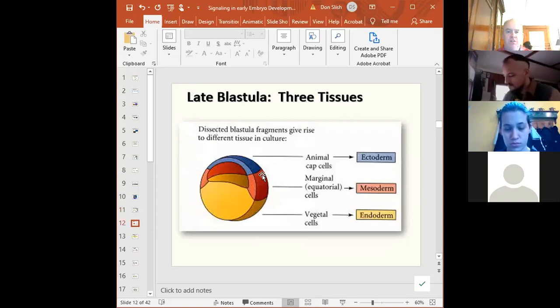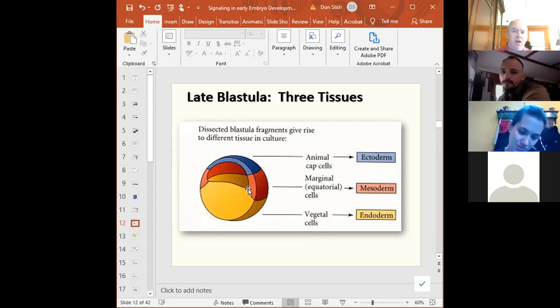So this whole marginal area then becomes mesoderm. And mesoderm is going to give us our muscle and bone and blood and other things as well, but that's the main stuff. Okay, so now we've got all three different types of tissue that we need to form an embryo, but they're not ordered correctly, and that's what gastrulation is going to do for us. It's going to order those tissues.